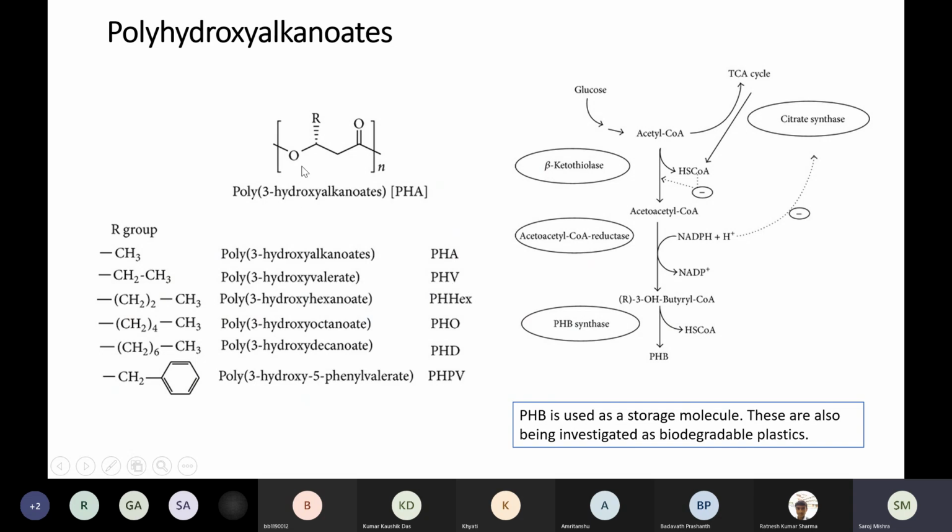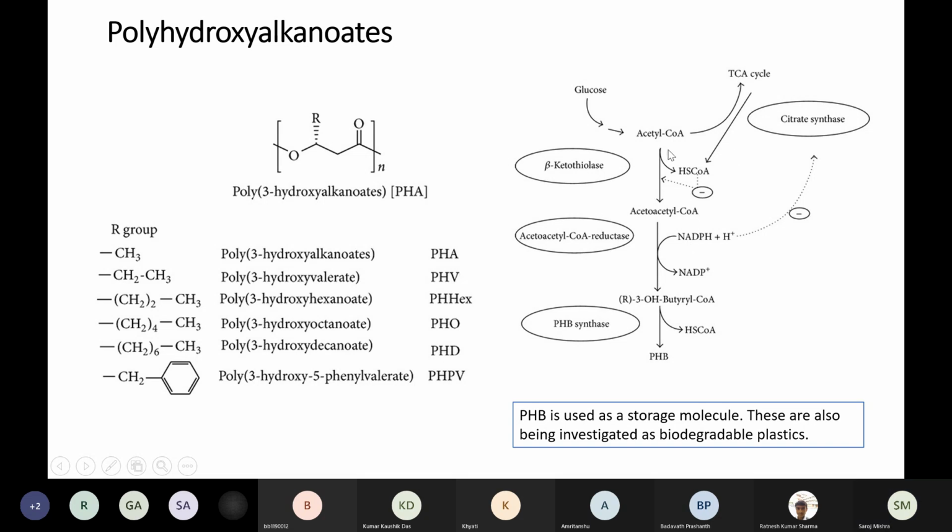Or if this R group happens to be this particular group, then the resulting molecule is PHHx. This can be just a methyl, this is an acetate group. So it depends on what kind of R group you have here. Polyhydroxyalkanate, in other words, is a general term. This is acetate, maybe polyhydroxyacetate.